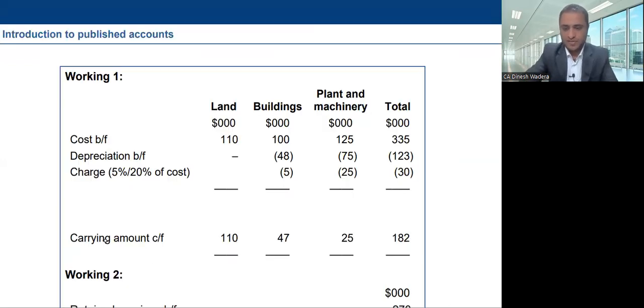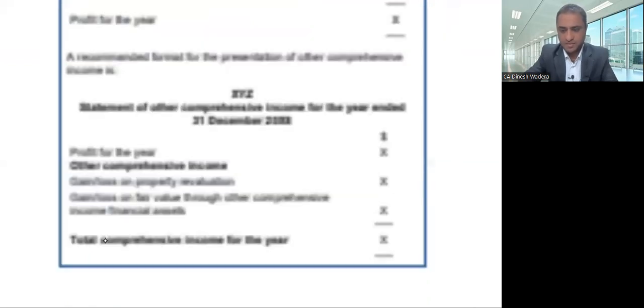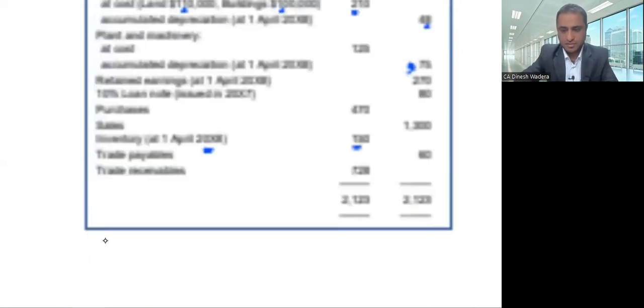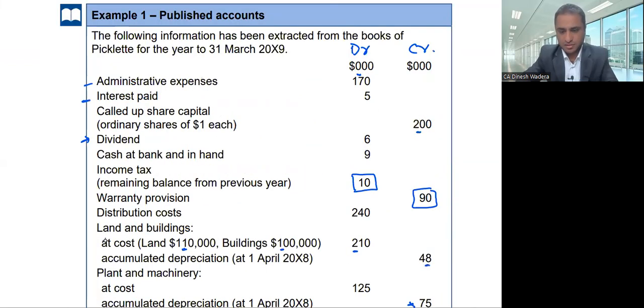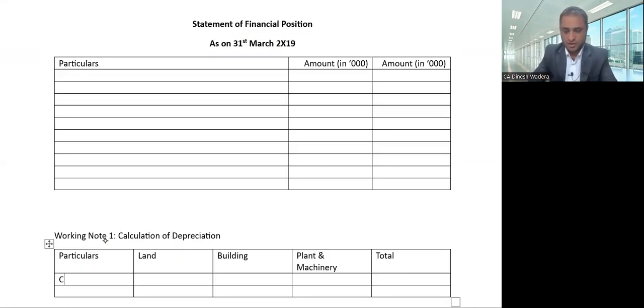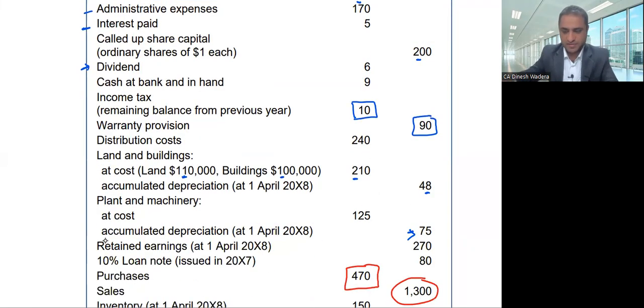So let's come back to the trial balance. Land and building has a cost of 110. Land and building has a cost of 100,000. So let's mention cost 100, 110. Plant and machinery is 125. So this is done. So this 110 and 100, 210, and plant and machinery 125 is considered.